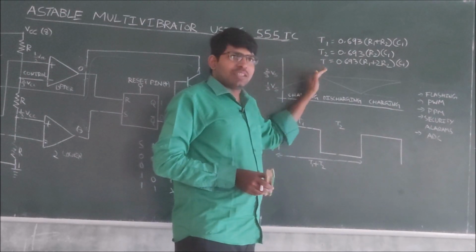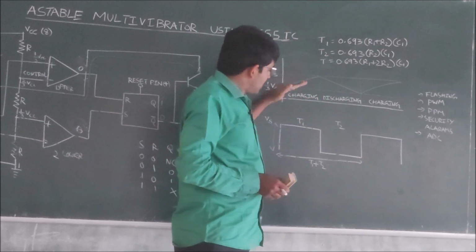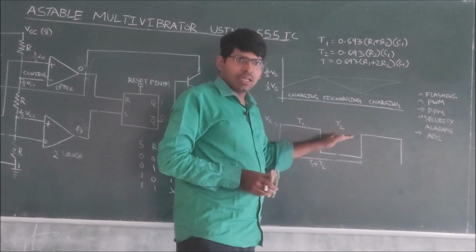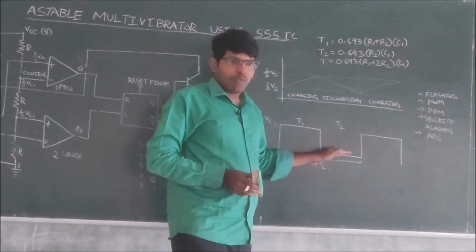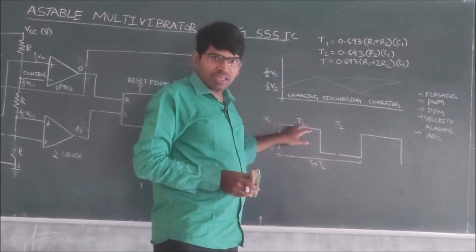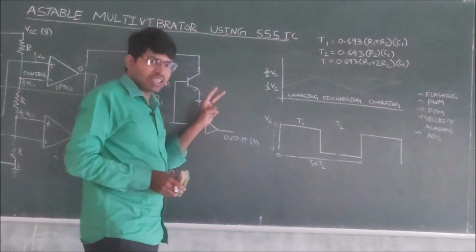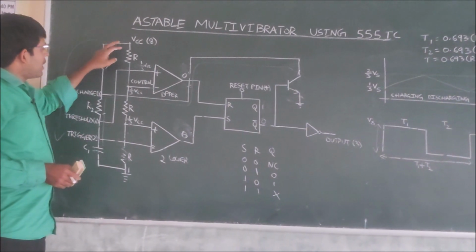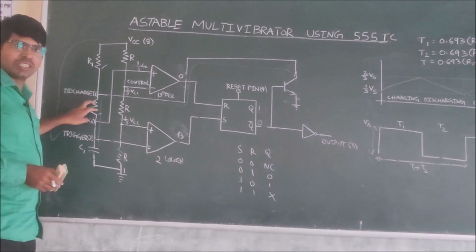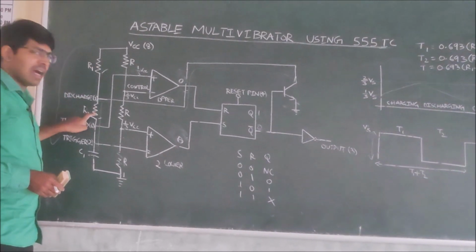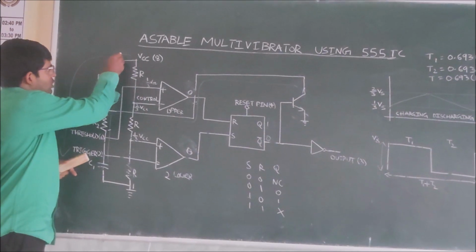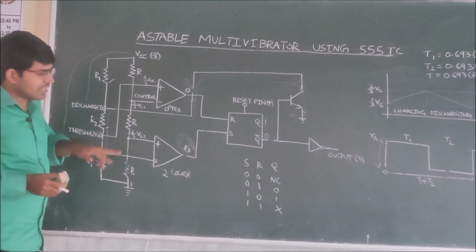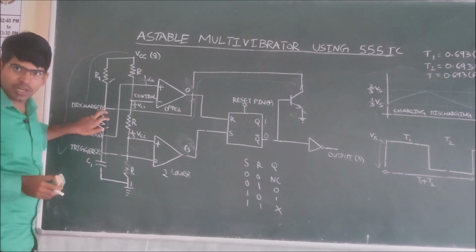Now when the capacitor is charging, the output is high, and when the capacitor is discharging, the output is low. When the capacitor is charging, it charges because of the two resistors R1 and R2. It charges by using VCC, R1 and R2.